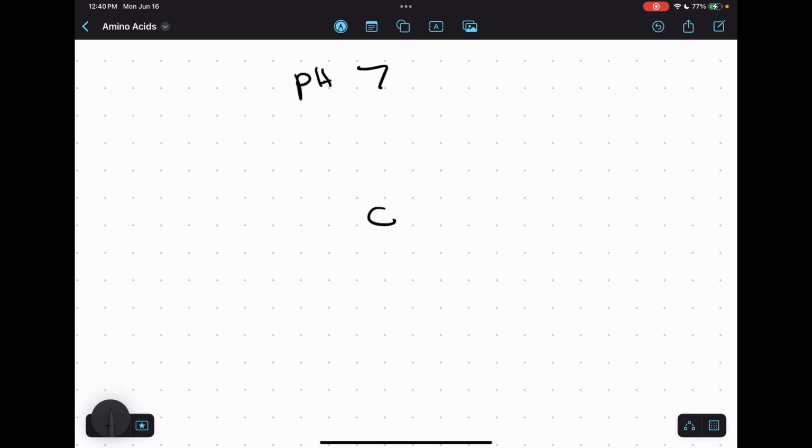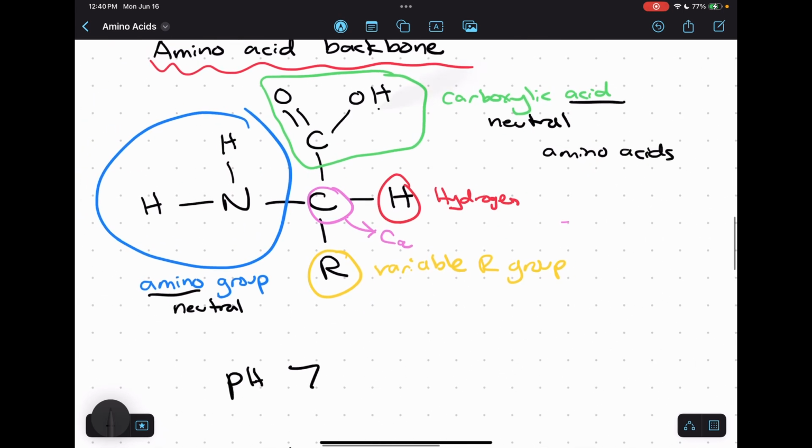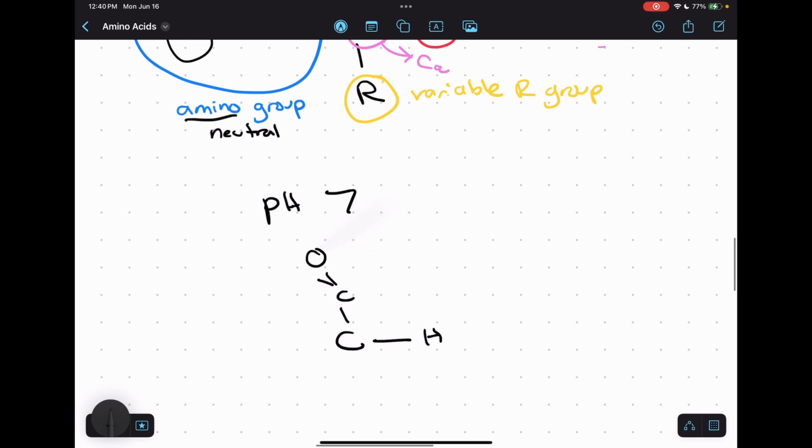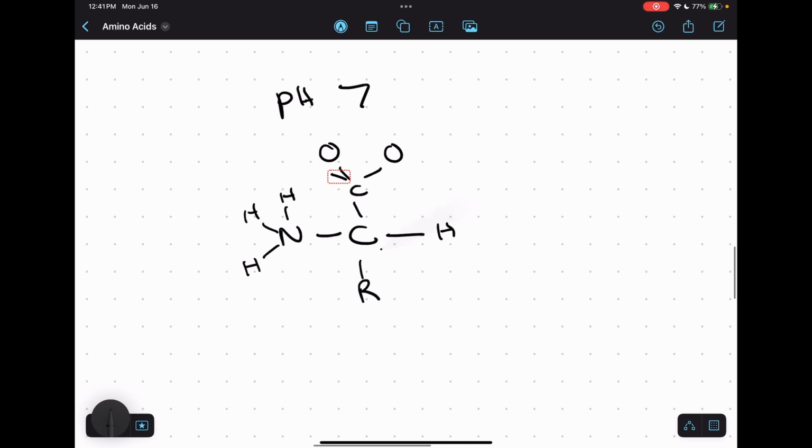So we can redraw the structure here. If we take a look, we see that there is this hydrogen here, and there are two hydrogens over here in the amino group. But at physiological conditions, it actually is like this. We have the central alpha carbon here.